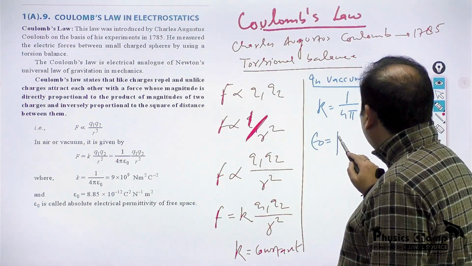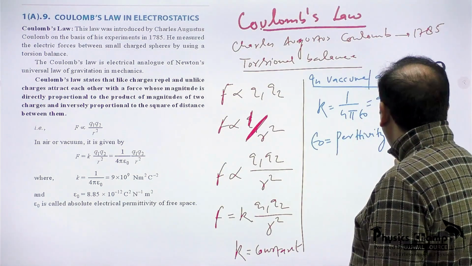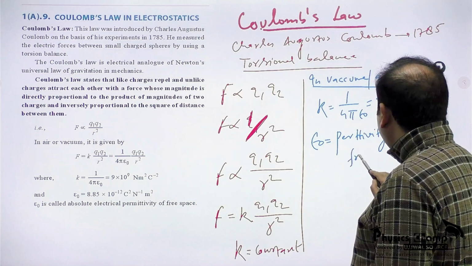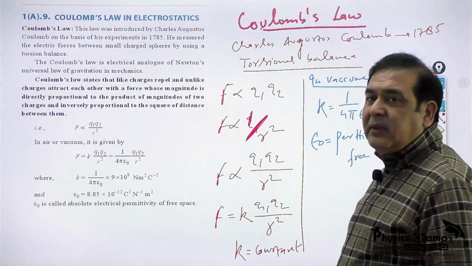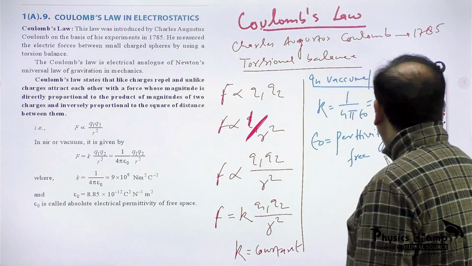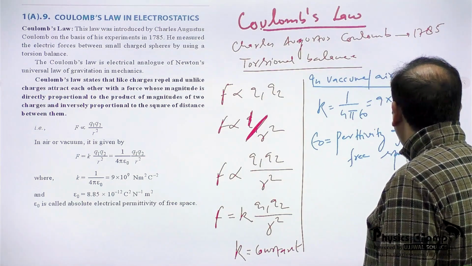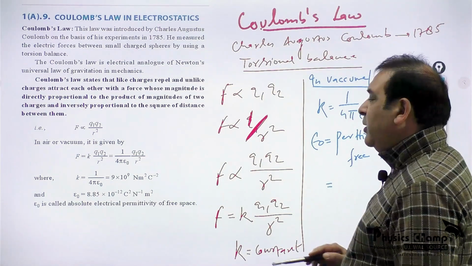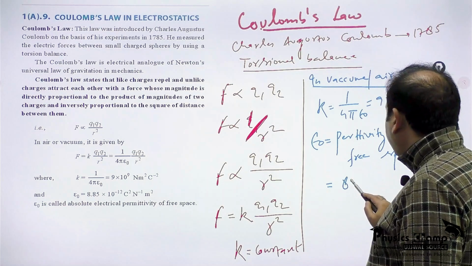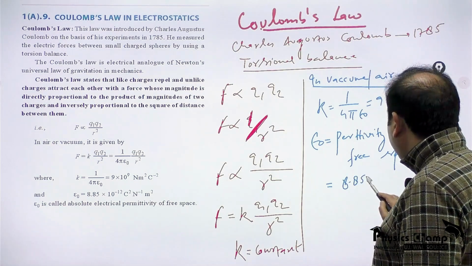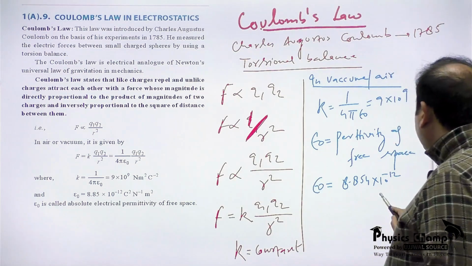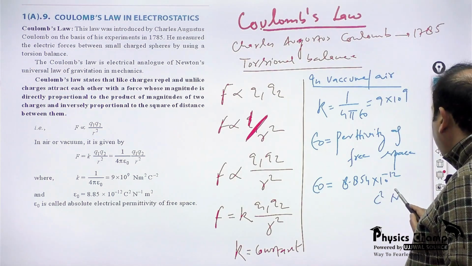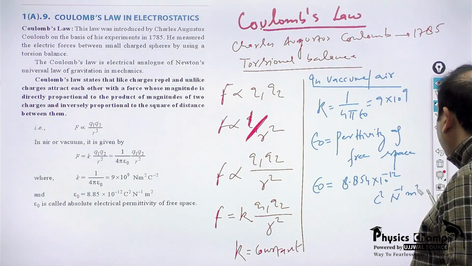Epsilon naught is the permittivity of free space, and it has a value 8.854 into 10 to the power minus 12. Its unit is Coulomb square per Newton per meter square.